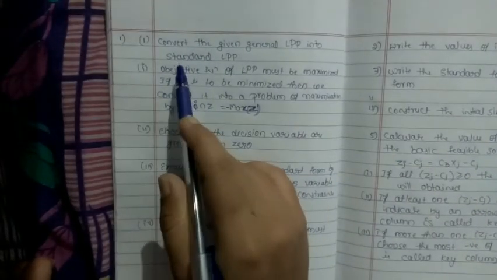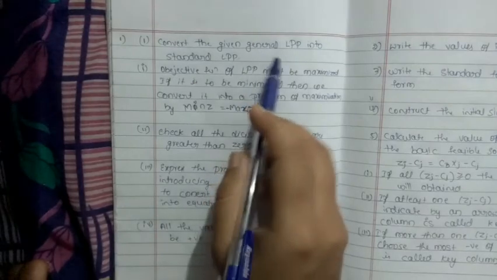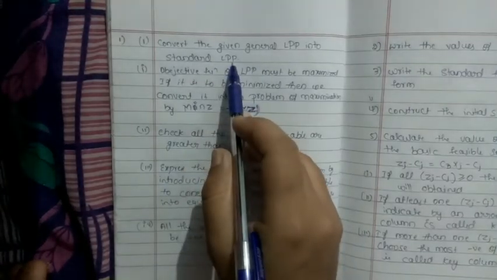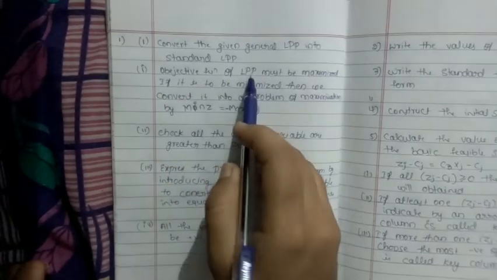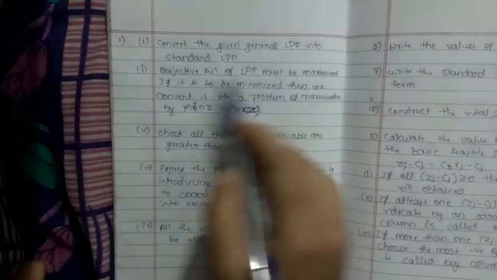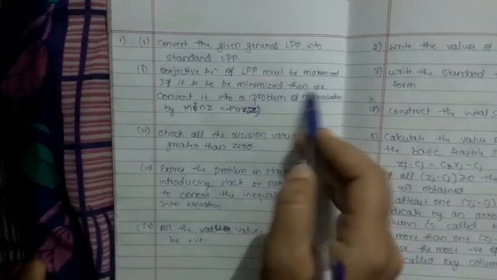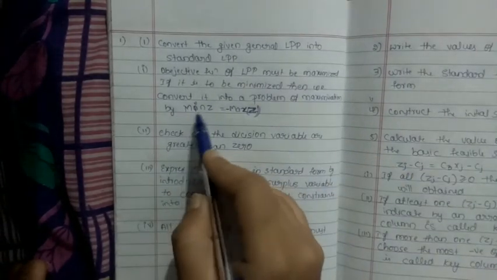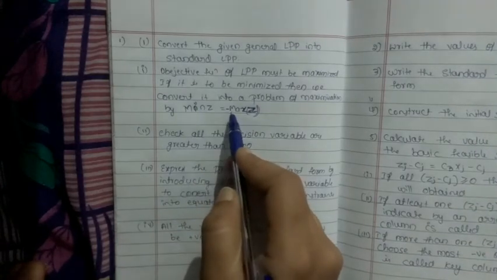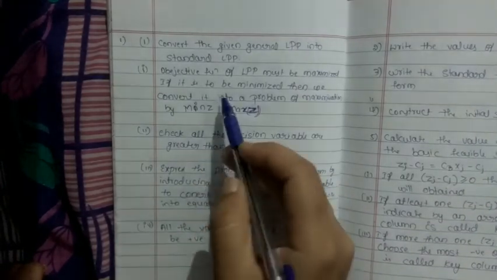The first condition is to convert the given general LPP into standard LPP. In that, first, the objective function of LPP must be maximized. If it is to be minimized, then we have to convert it into a problem of maximization using minimum z equal to minus max of z.